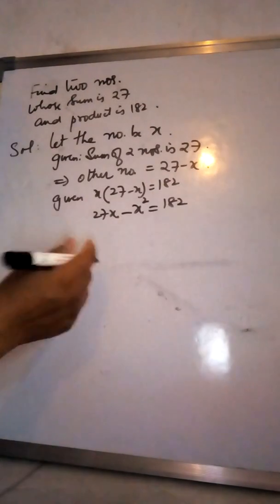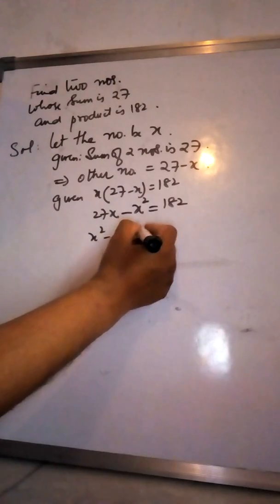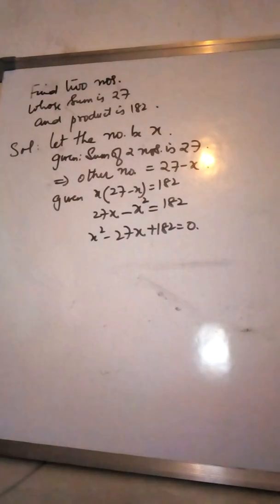Now transpose everything to the left hand side: x square minus 27x plus 182 is equal to 0. Now I should find the factors of 182 so that when I add or subtract these factors I get 27.